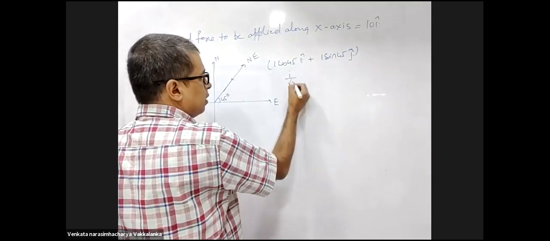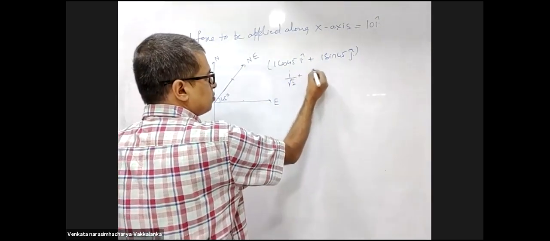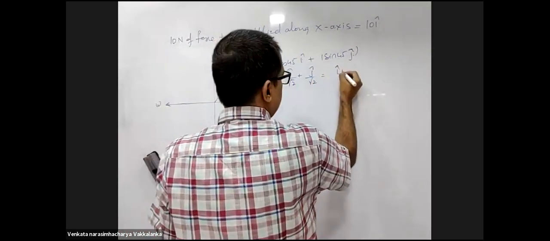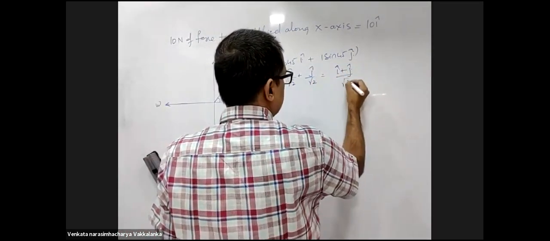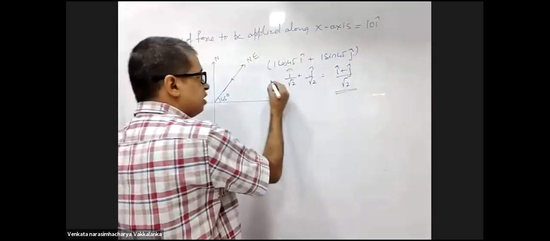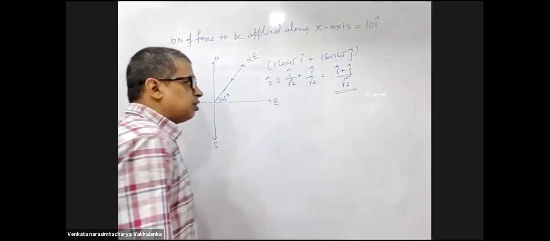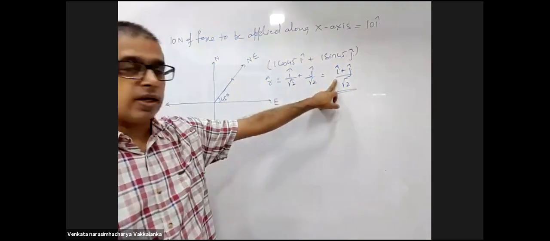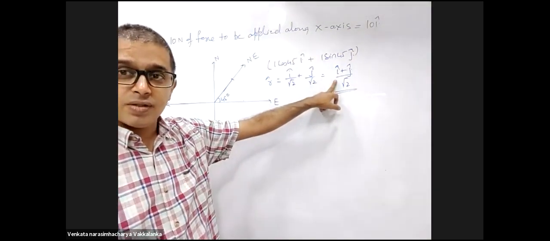So i by root 2 plus j by root 2. This is i plus j by root 2. This is the unit vector along northeast.